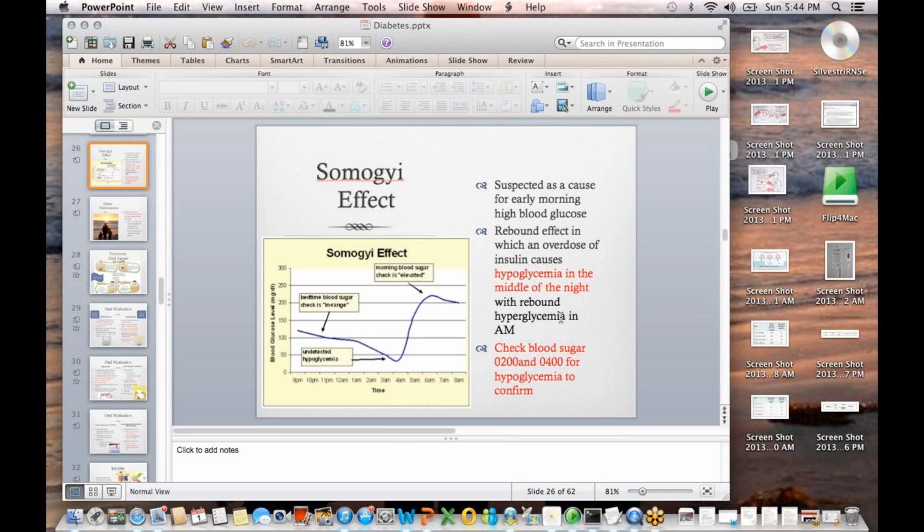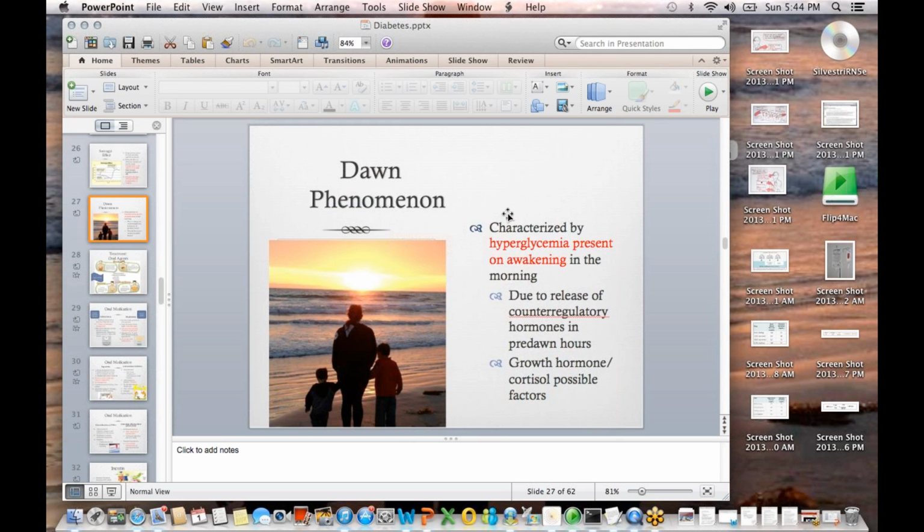And then the dawn phenomenon is usually because of the counter-regulatory hormones that they have high blood sugar, but they do not have the low blood sugar at night. And teaching for that: if they're having hypoglycemia at night, you can increase the bedtime snack or lower the bedtime insulin. Does that make sense?